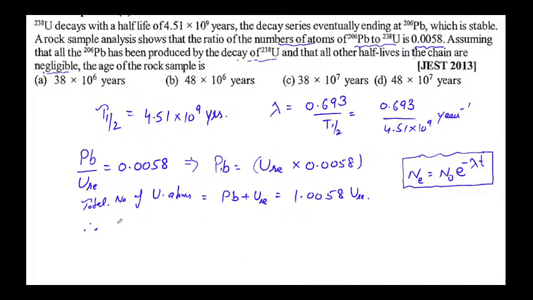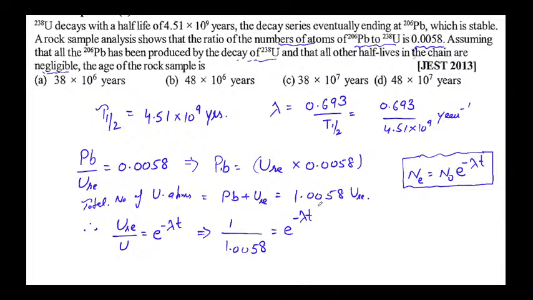Similarly for this uranium case, remaining uranium over total uranium atoms present is equal to exponential of minus lambda t, and from that you can put in these values. So if uranium remaining is 1, then the total uranium atoms at that time is 1.0058, so 1 over 1.0058 equals exponential of minus lambda t.